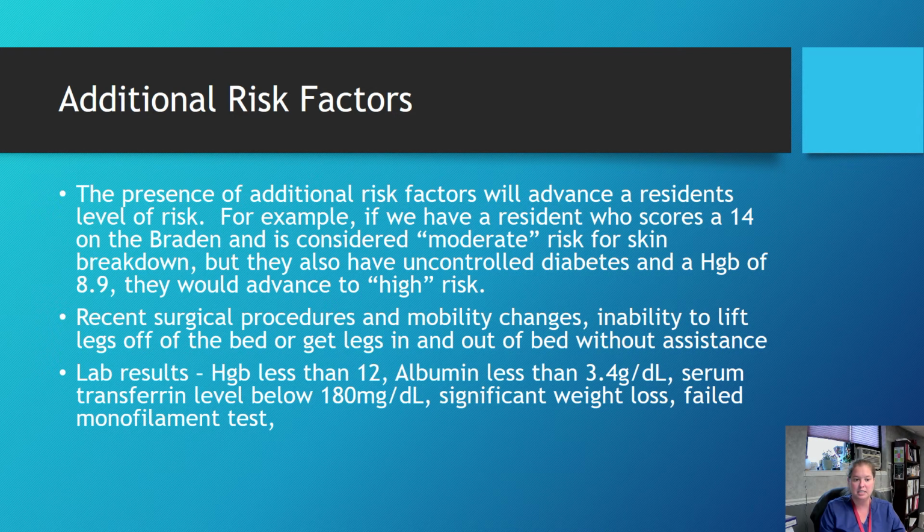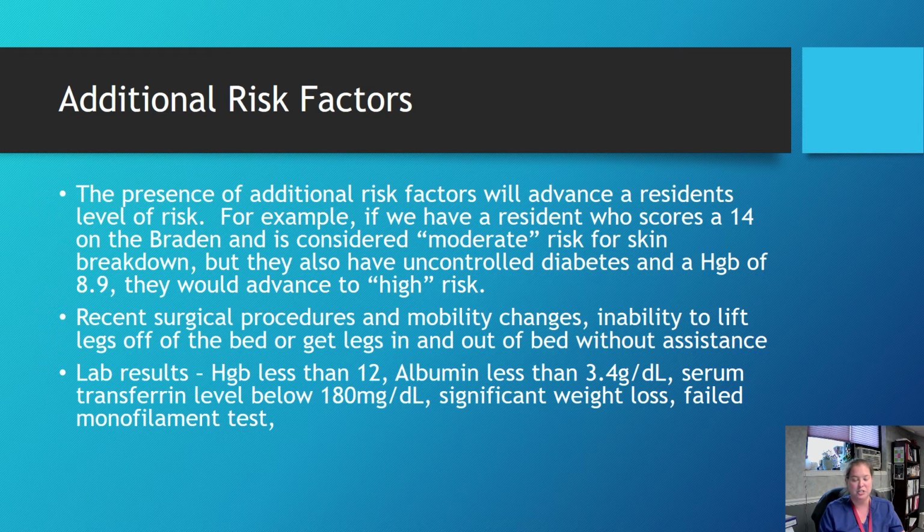We just had someone I did a Braden on that got a score of 13 and had some additional risk factors, like a hemoglobin. I think their hemoglobin was 7.4 or something. It was really low. A hemoglobin under 12 is an additional risk factor for pressure injury development.